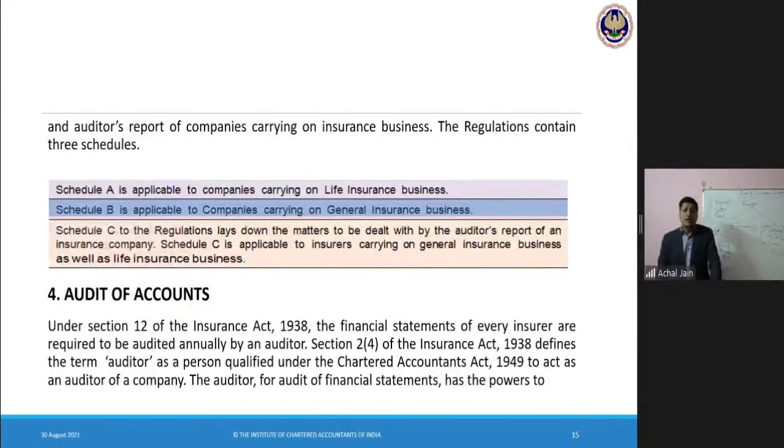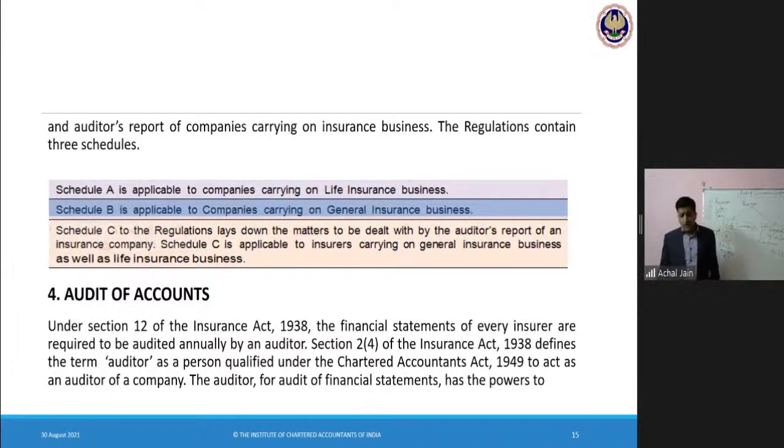But Schedule C is not specific to life insurance or general insurance. This Schedule C, which deals with certain specified matters in relation to the auditor's report, deals with both types of insurance companies, life insurance as well as general insurance.